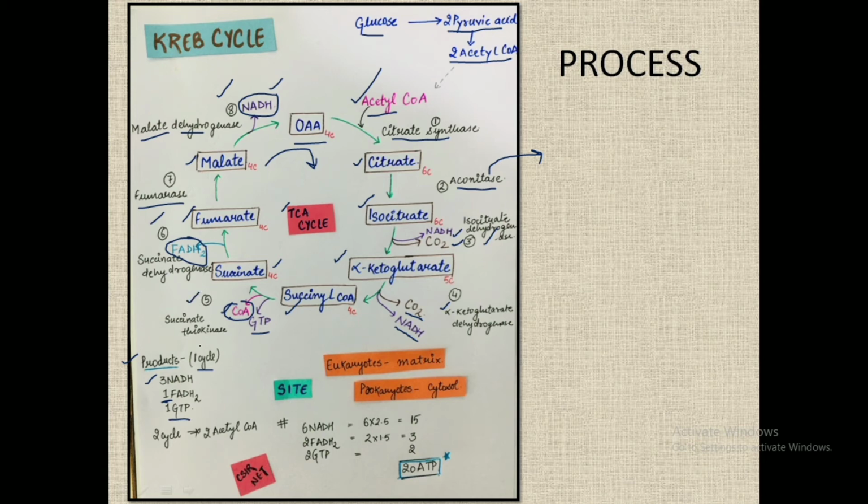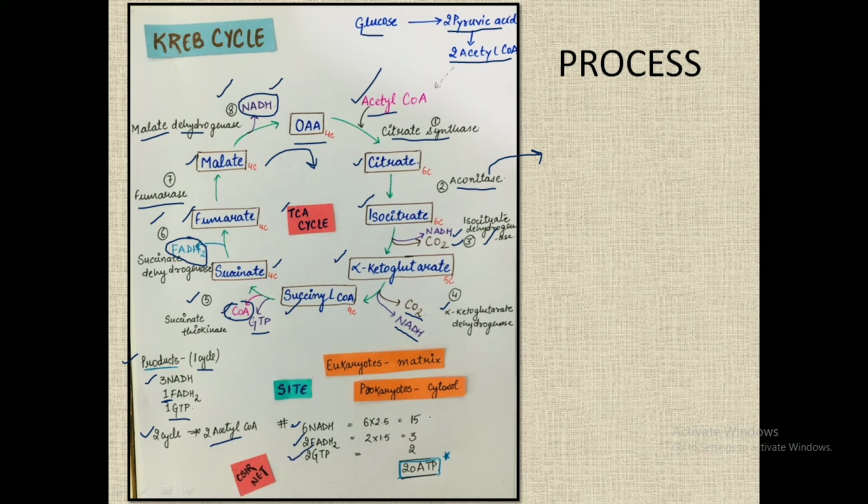Because we have 2 acetyl coenzyme A produced from the 2 pyruvic acid, in order to process those 2 acetyl coenzyme A, we would require 2 Krebs cycles to be in action. Hence, from 2 acetyl coenzyme A, we would get 6 NADH, 2 FADH2 and 2 GTP produced.